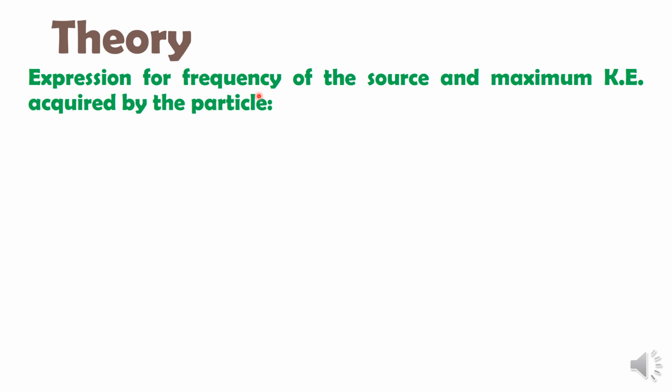The time period is related to the frequency, therefore we have to find an expression for the frequency, and by looking at the expression, we will be able to achieve that particular condition. So under the heading theory, we are going to derive an expression for the frequency of the AC source, and also an expression for the maximum kinetic energy acquired by the particle.